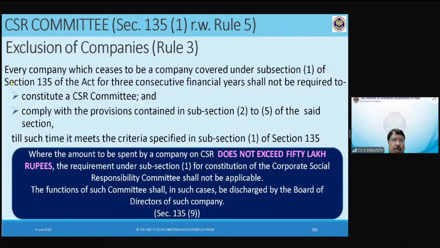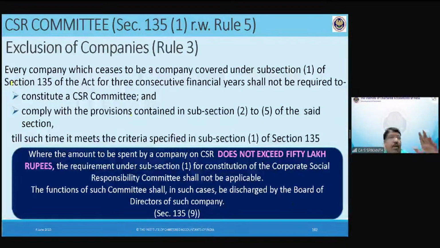So I came into the CSR net for 1 year. My turnover became 1,000 crore, but my net worth is below 500 and my profit is below 5 crore. But with 1,000 crore turnover in March 24, in 24-25 I am bound to give CSR. So for the average profit of 24, 23, 22, I have to contribute 2% in 25, and spend before 31st March 25.